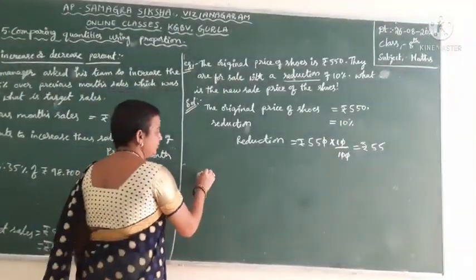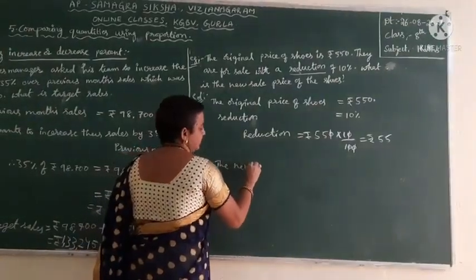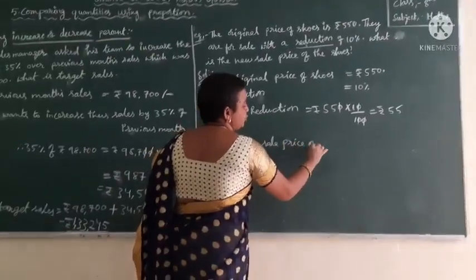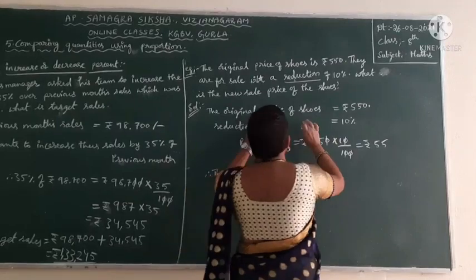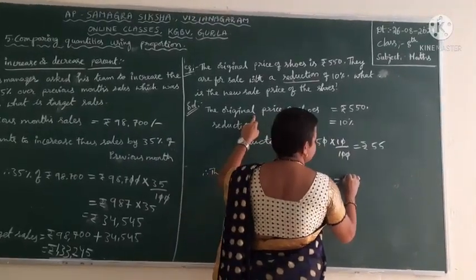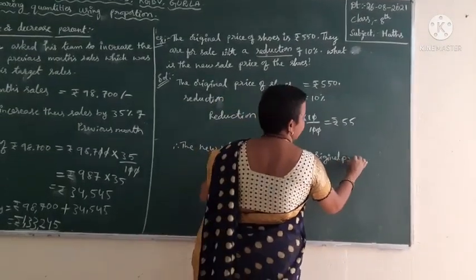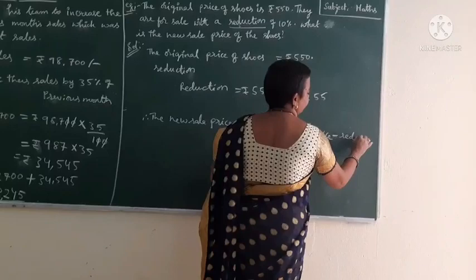So therefore the new sale price of shoes is equal to the original price minus reduction.